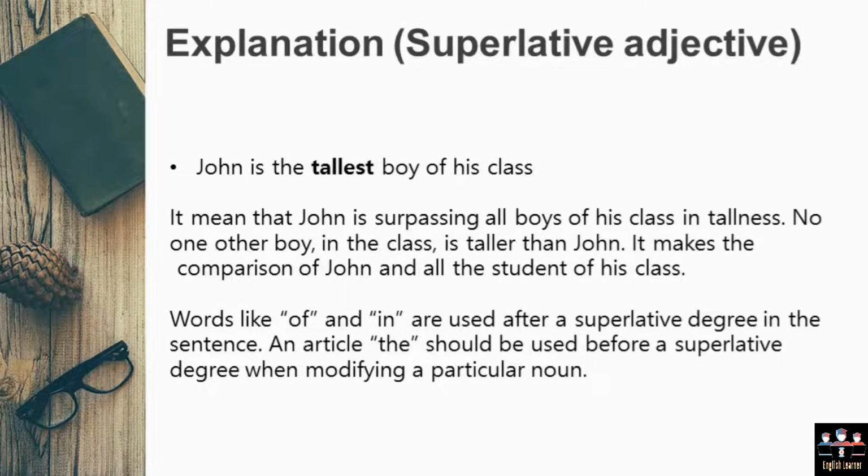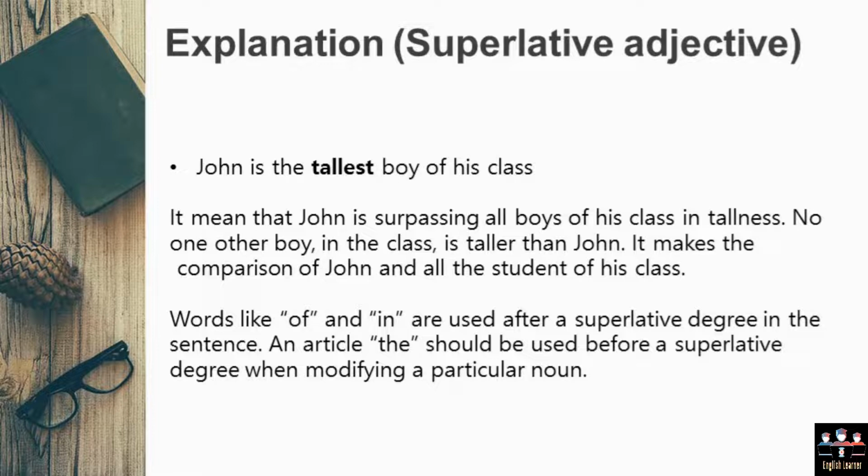Explanation of superlative adjectives. We are going to explain the superlative adjective with one simple sentence. John is the tallest boy of his class. Now look at this sentence. It means that John is surpassing all boys of his class in tallness.